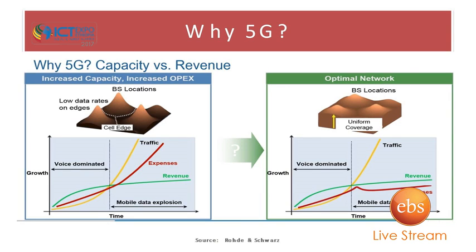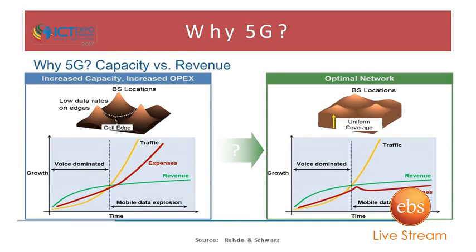Please observe my mouse movements. On the left side of the diagram, I say it's increased capacity and increased OPEX. In that slide, you can observe my mouse is also moving on the same side. Where the mouse is pointing, we call it the cell edge.